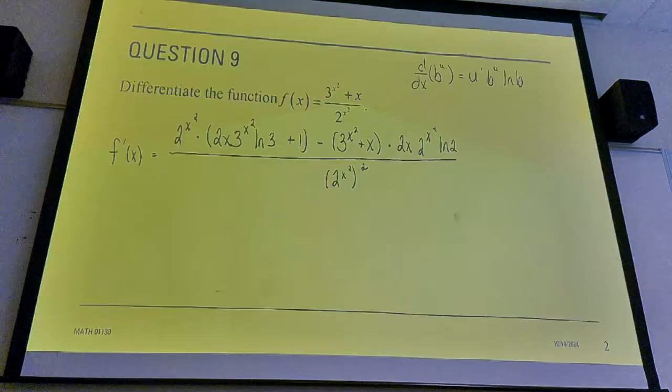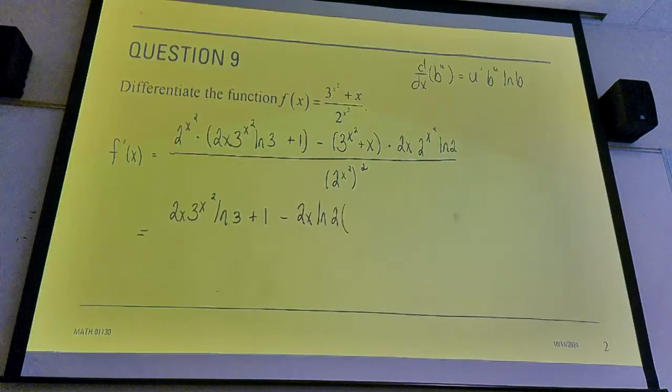Let's see. There is a 2 to the x squared common. Oops. 2x log 2. Lower 2 to the x squared.